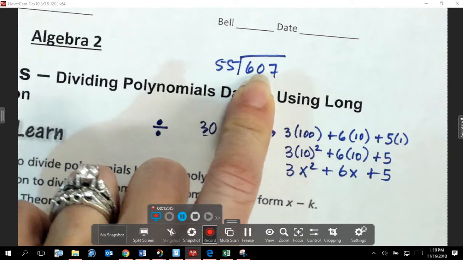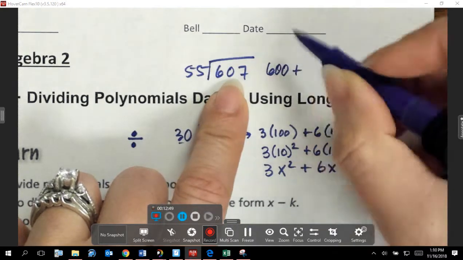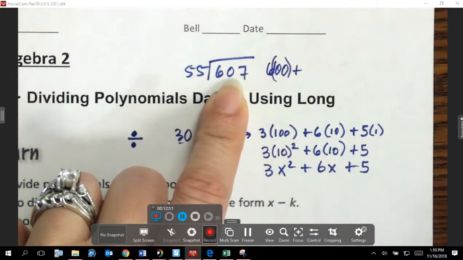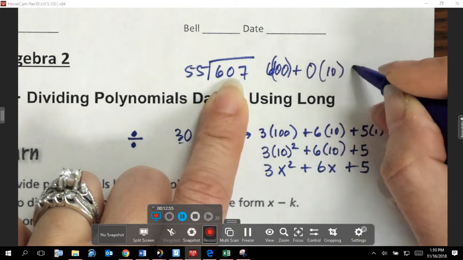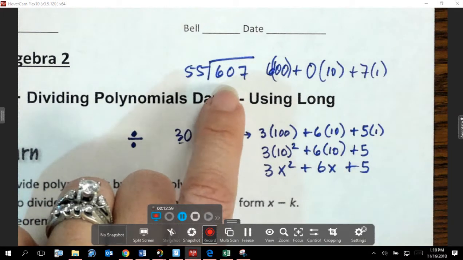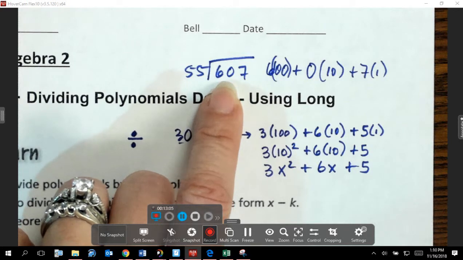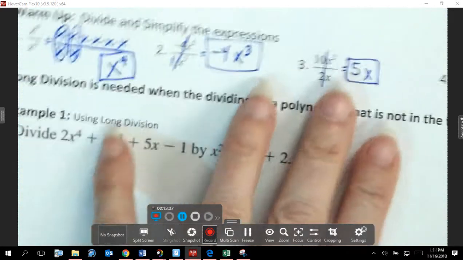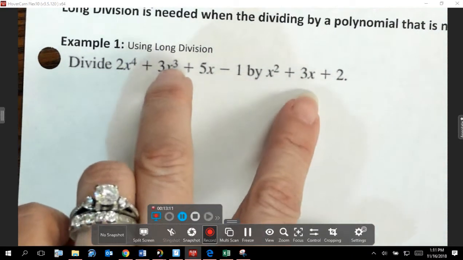No. This would be 600 plus how many tens? It would be 0 tens, right? Plus 7 ones. So what you want to look for is any missing things first, because if you have missing stuff, it may cause you complications. So we're going to look at both the divisor and the dividend.